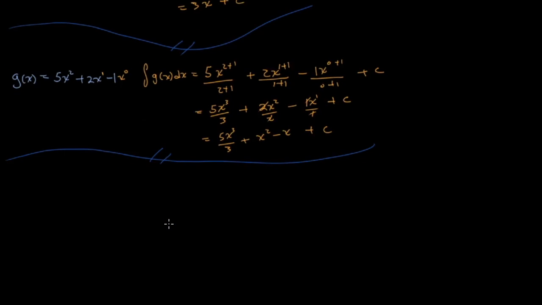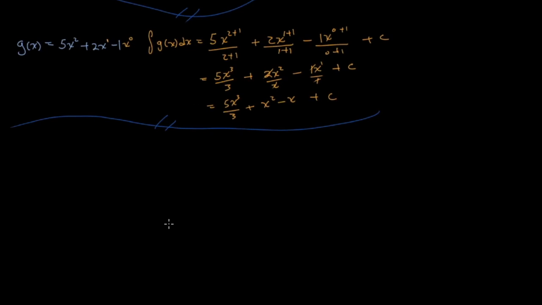Let's do another one here. We have a function, we'll call it g at x as well. g at x is equal to 5xh minus 3x squared minus 2.